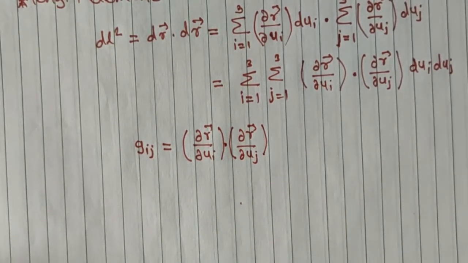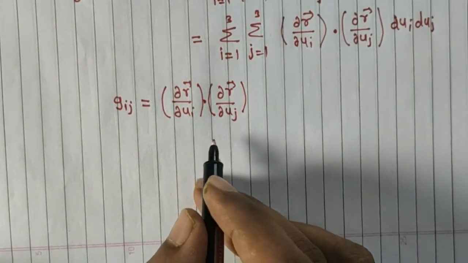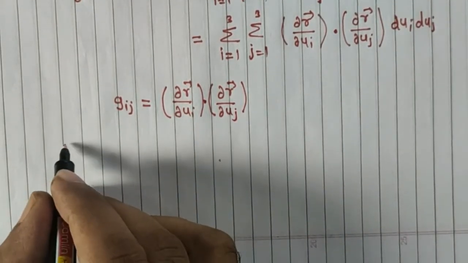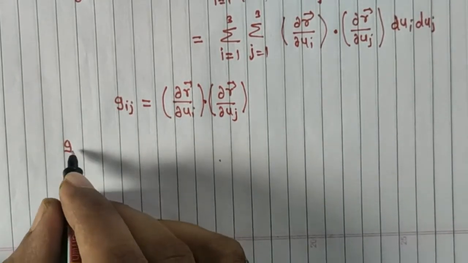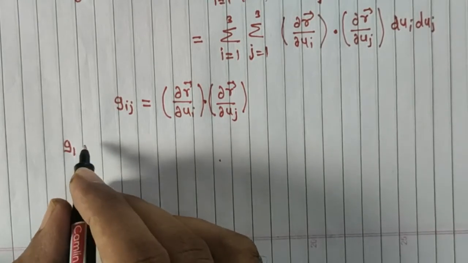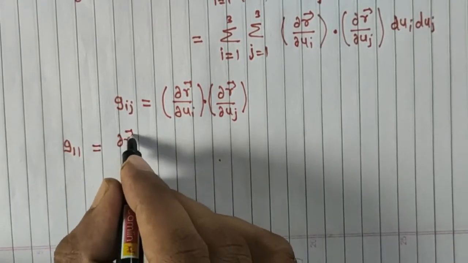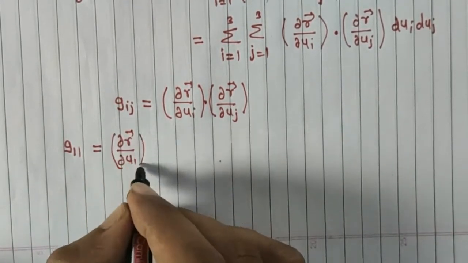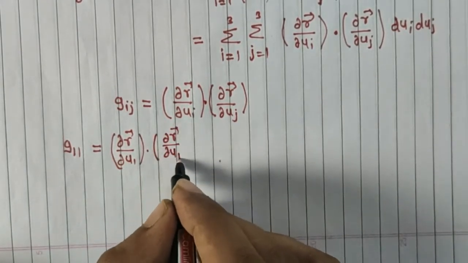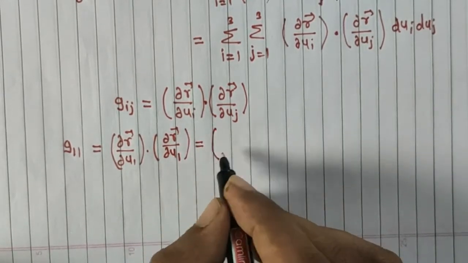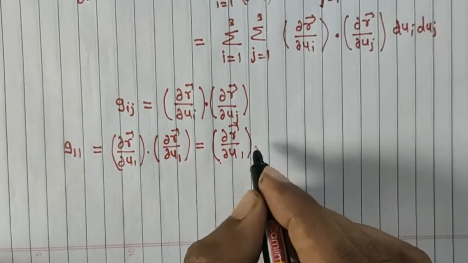Now we will see separately, there are 3 into 3, so 9 terms will be there, so we will put them separately. First let us start with i varying from 1 to 3, j varying from 1 to 3. First I will keep i as a constant, i is 1, then g1 and j is 1. So I will get the term delta r bar by delta u1 dot delta r bar by delta u1. That term will be the square of delta r bar by delta u1.